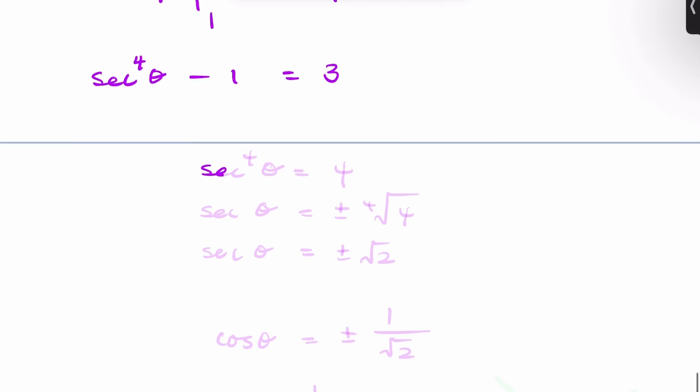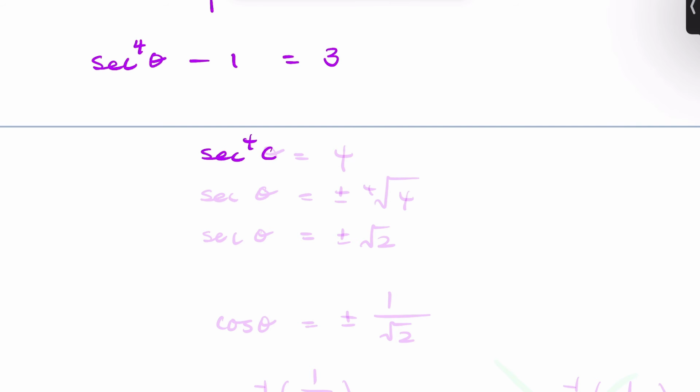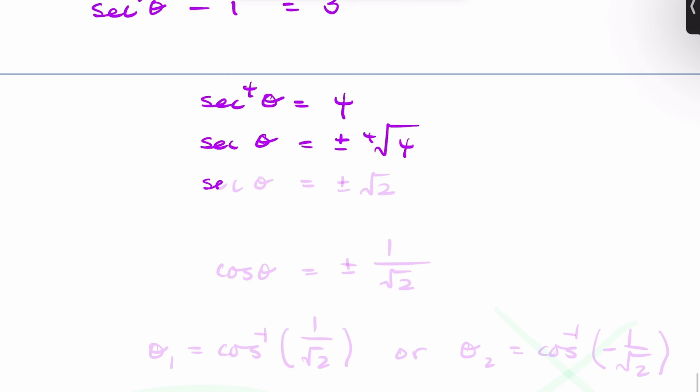So now we have secant to the power 4 theta equals 4. So secant theta is plus or minus the 4th root of 4. So secant theta is simply plus or minus root 2.